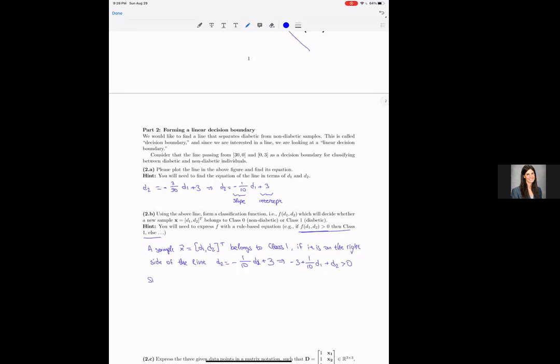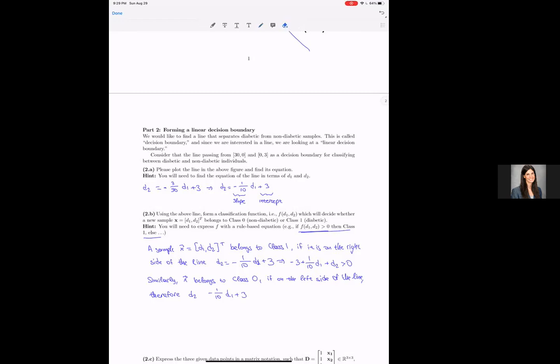And similarly, x would belong to class 0, which is the non-diabetic class, if it is on the left side of the line, and therefore d2 equals minus 1 over 10 d1 plus 3.